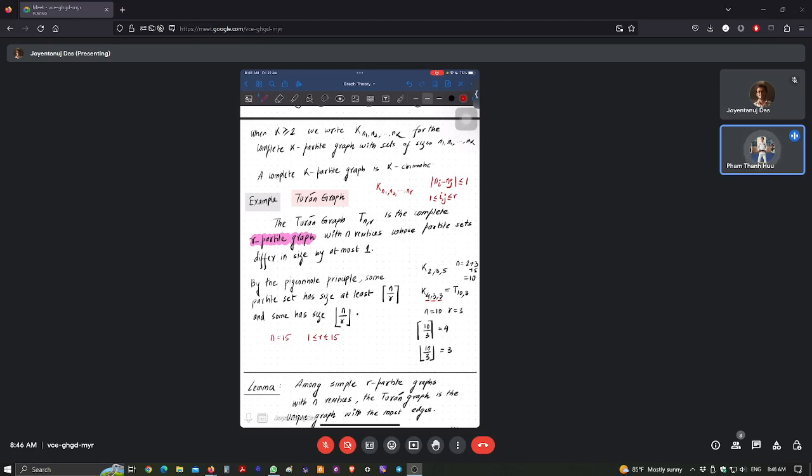For a Turan graph, the r is unique. So you have to fix one r. For example, T15 comma 3 and T15 comma 4.